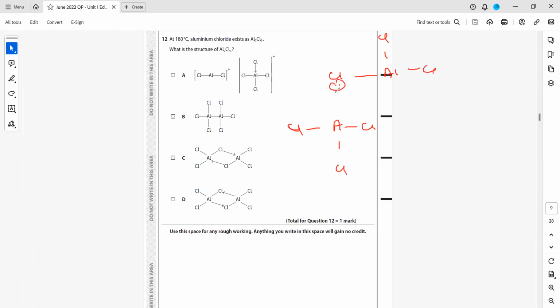So it has a lone pair. Chlorine is giving its lone pair to aluminum, so aluminum becomes stable. And the same thing, this chlorine is giving a lone pair to aluminum, so it becomes stable, forming a dative bond.